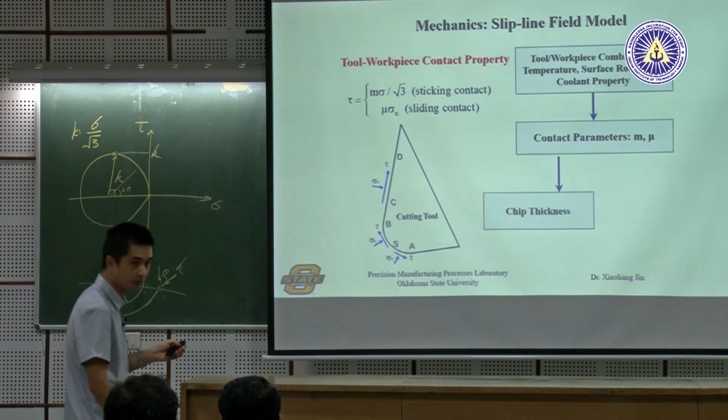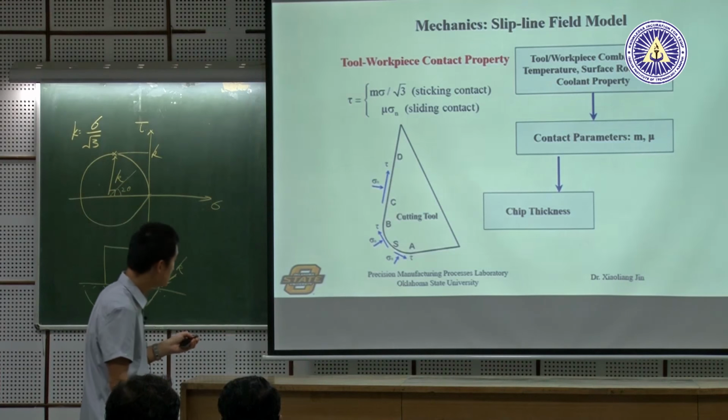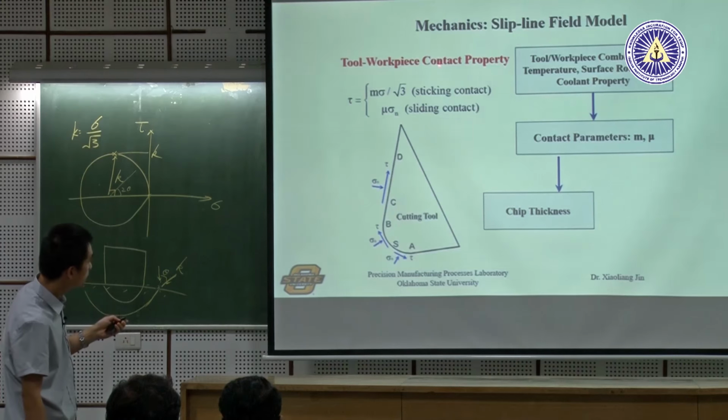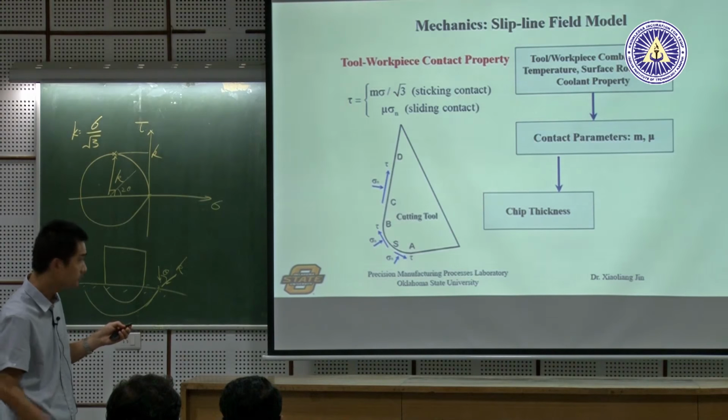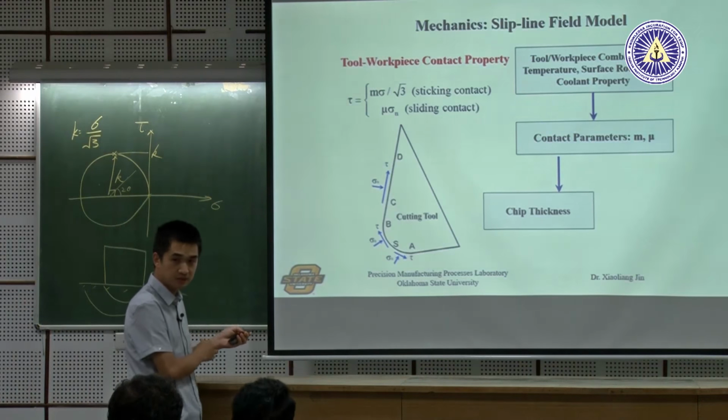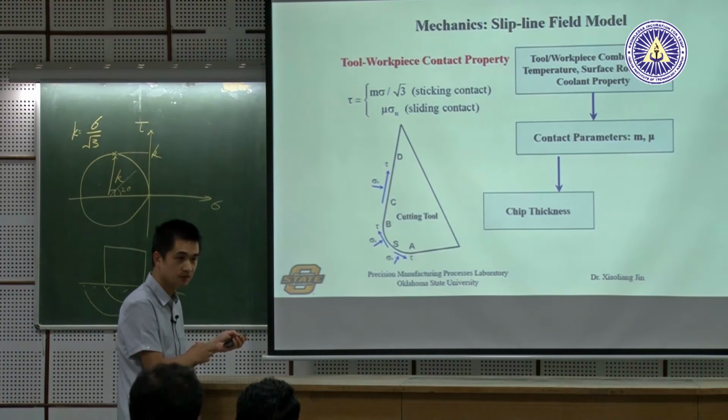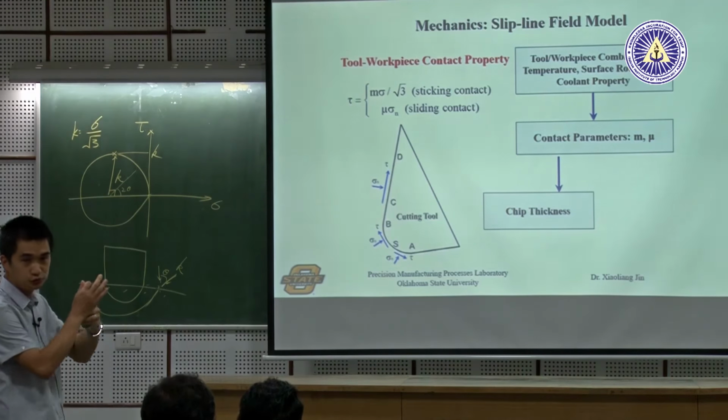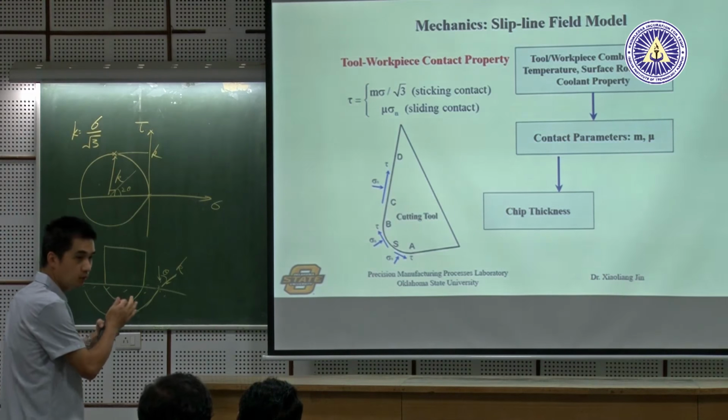Another effect we cannot neglect is the contact between the chip and the workpiece. From the classic mechanics part in the first or second day of the session, we know that at the tool-chip contact there are two regions: one is sticking, one is sliding.